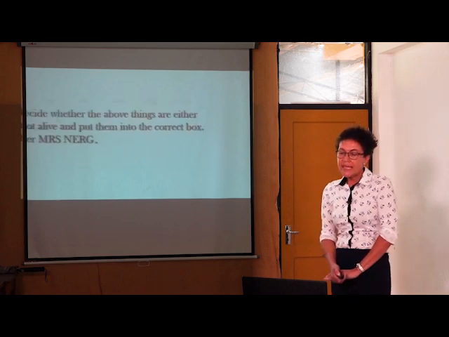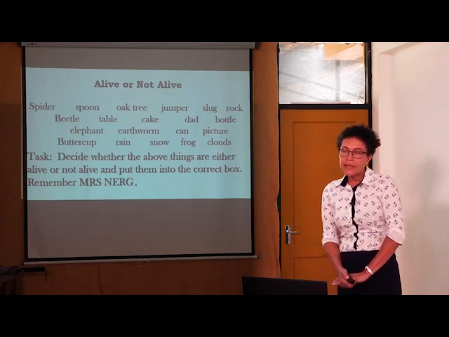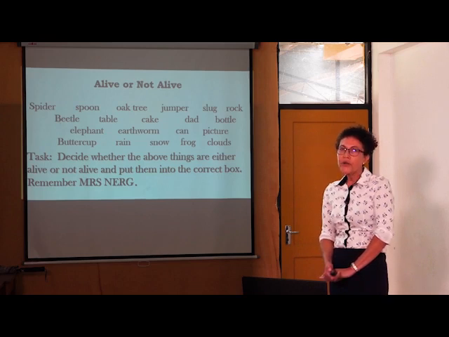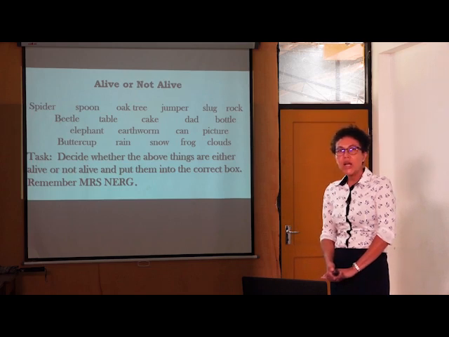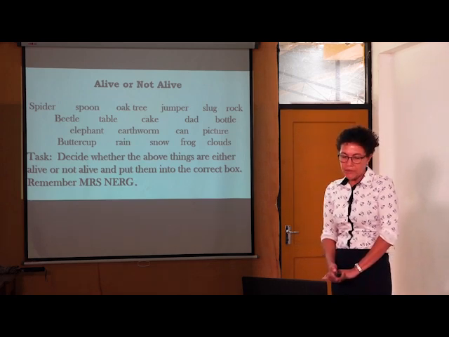Now I have an exercise for you. The task is to decide whether the above things are either alive or not alive. Alive, living things; not alive, non-living things. And you're going to put them in the correct box.